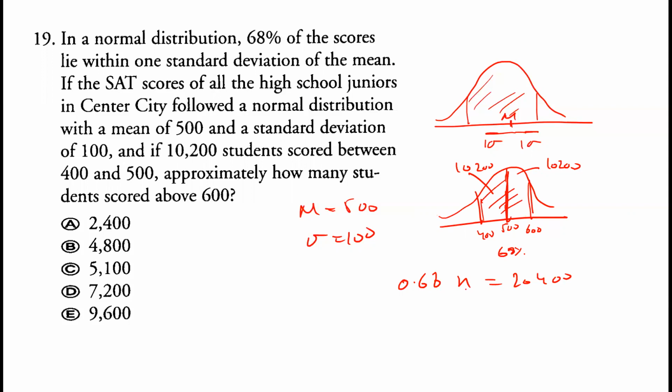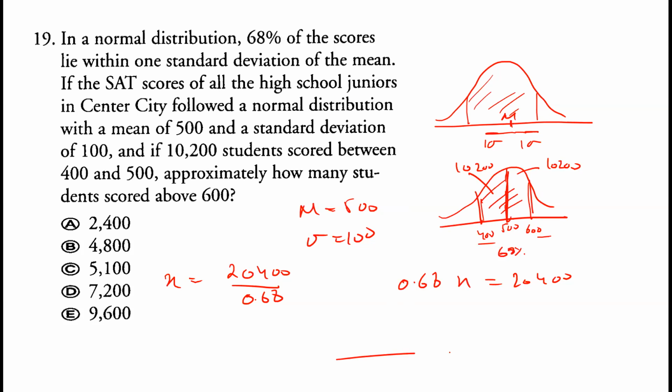So 68% of X is 10,200 plus 10,200, because between 400 and 600, we have 68%. So X equals 20,400 divided by 0.68. So this is the total number of students we are having. Now, approximately how many students scored above 600?